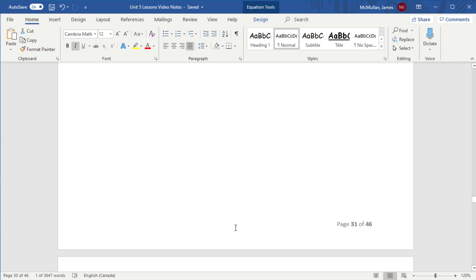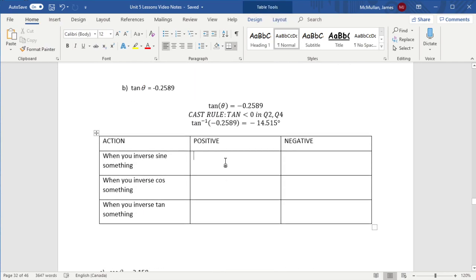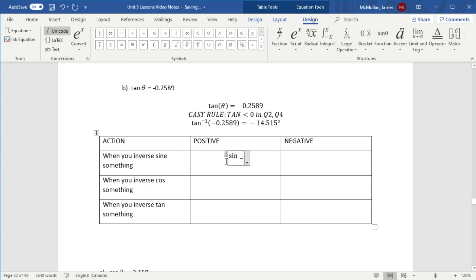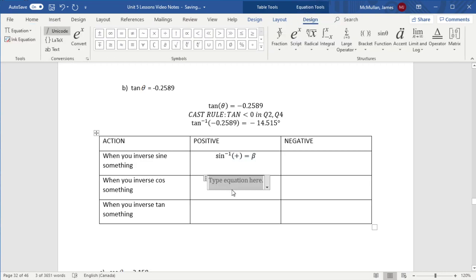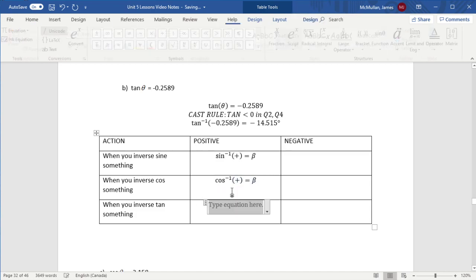So that's straightforward. If you inverse sine a positive number, the answer it tells you is beta, which makes it easy because then we know what beta is. When you inverse cos a positive number, it gives you beta, nice and easy.